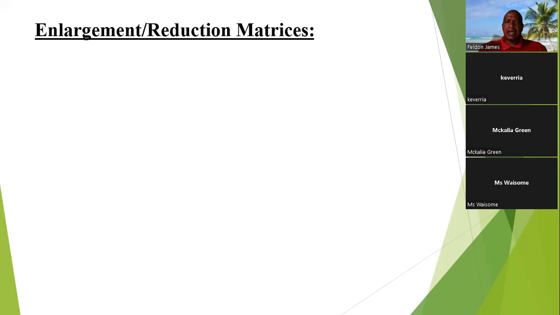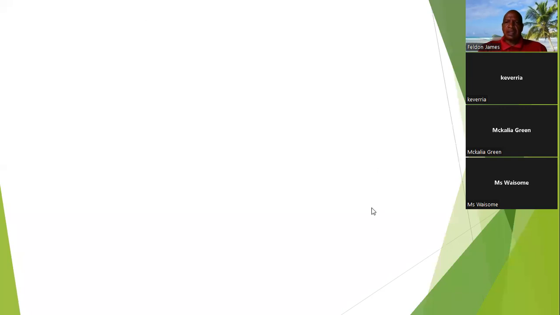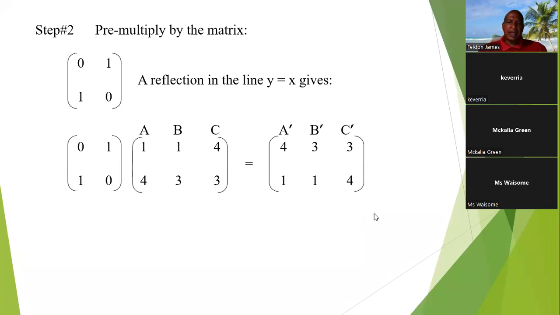All right, tell me guys, before we get to this matrix, what do you think would happen if we're trying to find a reflection in the line y equals minus x? What do you think would happen?